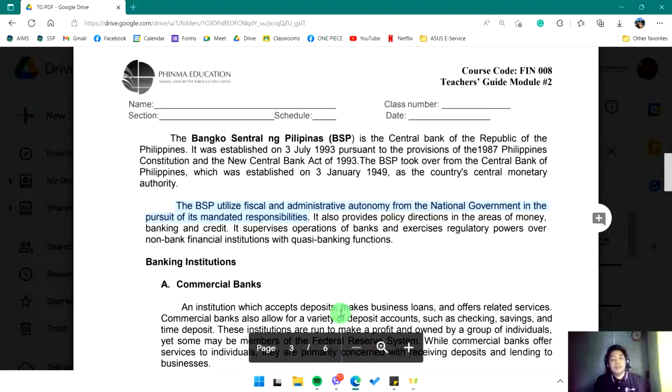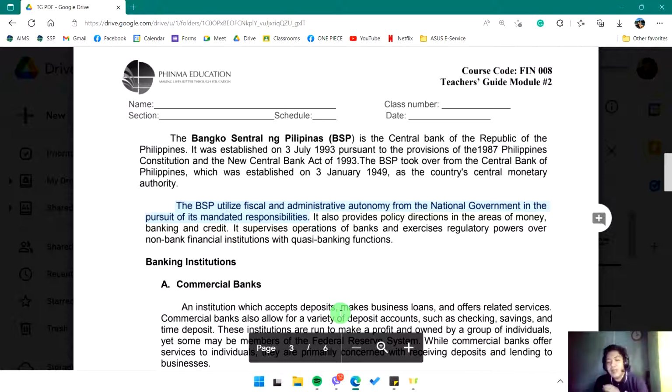Ibig sabihin po nito, no? The BSP utilizes fiscal and administrative autonomy. This is granted to large bodies of entities like BSP, for example.